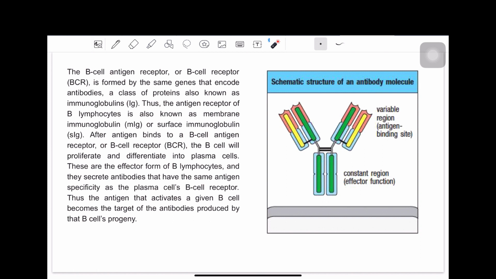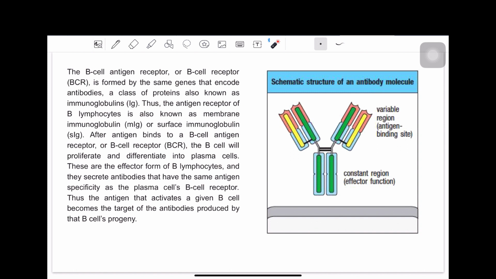So when the receptor on the B cell, which is the B cell receptor, binds to the antigen, that generates a signal in the B cell, and because of this signal, the B cell starts to differentiate and proliferate, and these differentiated B cells now become the effector plasma cells.